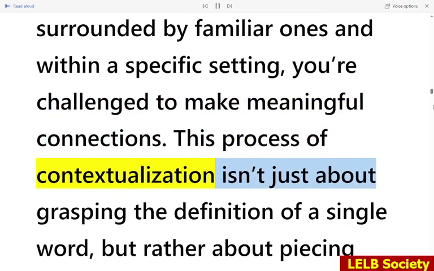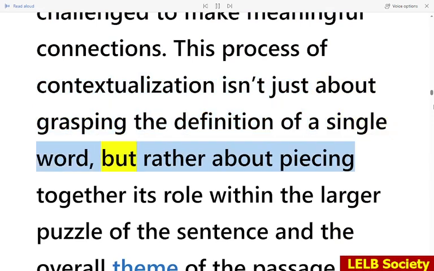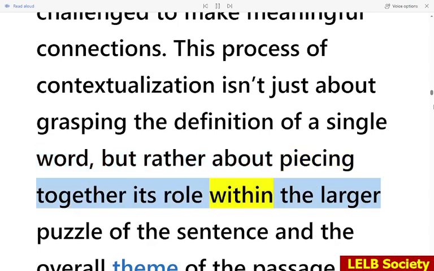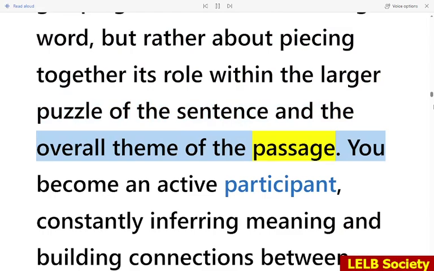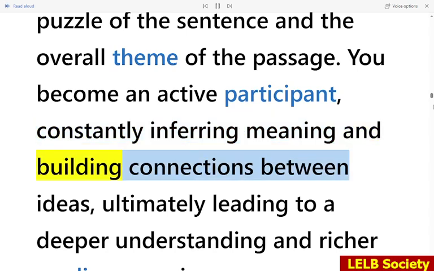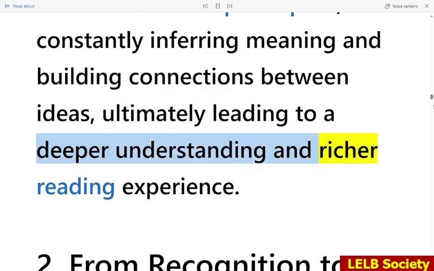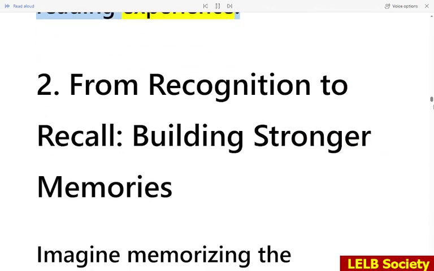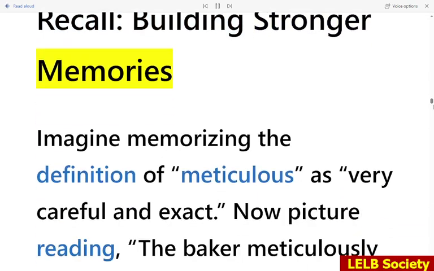This process of contextualization isn't just about grasping the definition of a single word, but rather about piecing together its role within the larger puzzle of the sentence and the overall theme of the passage. You become an active participant, constantly inferring meaning and building connections between ideas, ultimately leading to a deeper understanding and richer reading experience.